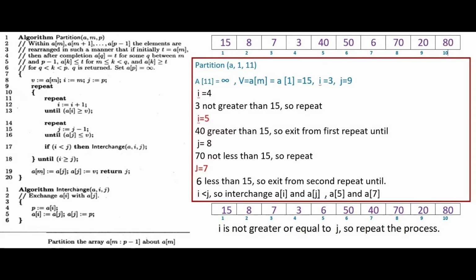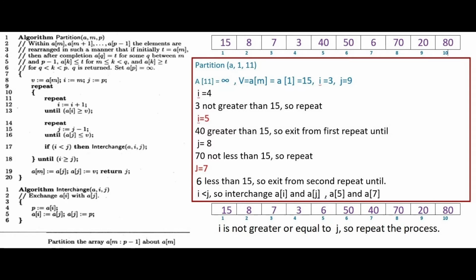A of 7 less than 15. So exit from the second repeat until. I less than j.